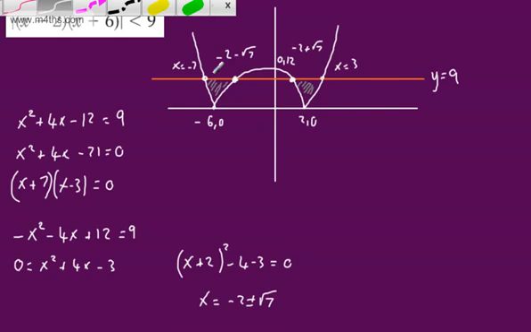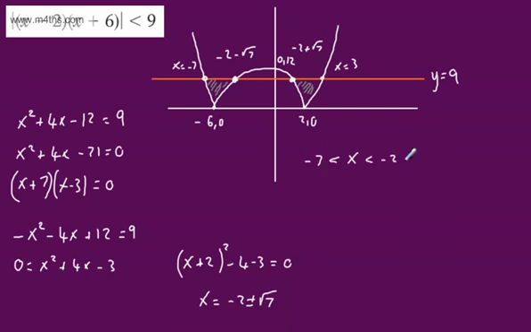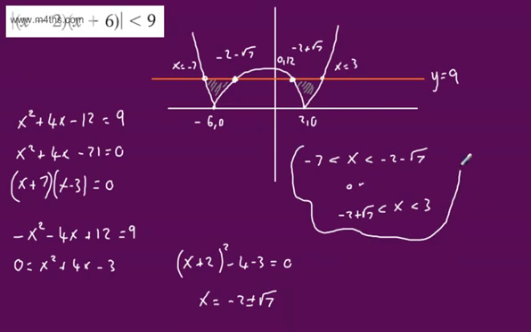So what we can say then is that x is going to be strictly greater than minus 7, yet in turn strictly less than minus 2 minus root 7, or we can say x is going to be greater than minus 2 plus root 7, yet in turn strictly less than now positive 3. So these are the values that satisfy our inequality.